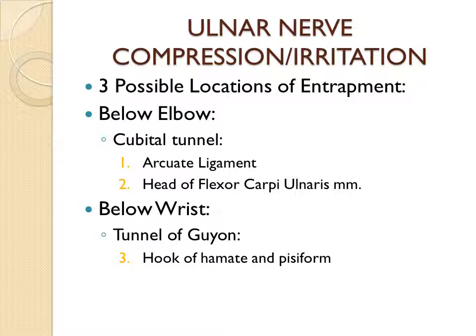Now, in the cubital tunnel, the ulnar nerve can be compressed either by the arcuate ligament or by the head of the flexor carpi ulnaris muscle, or at the wrist, the ulnar nerve can be compressed as it passes through the Tunnel of Guyon, which is a small passageway that is between the hook of the hamate bone and the pisiform bone. So let's talk about each of these possible locations of ulnar nerve entrapment.